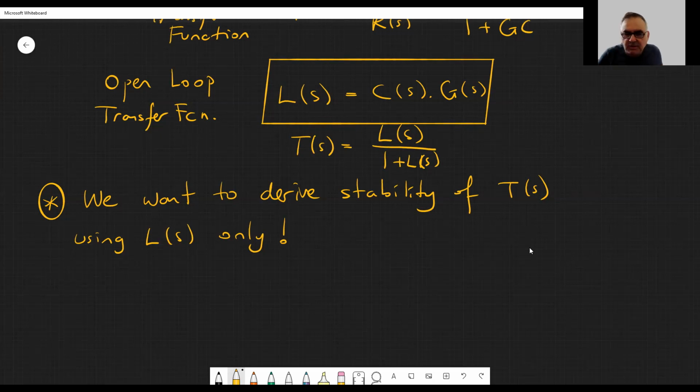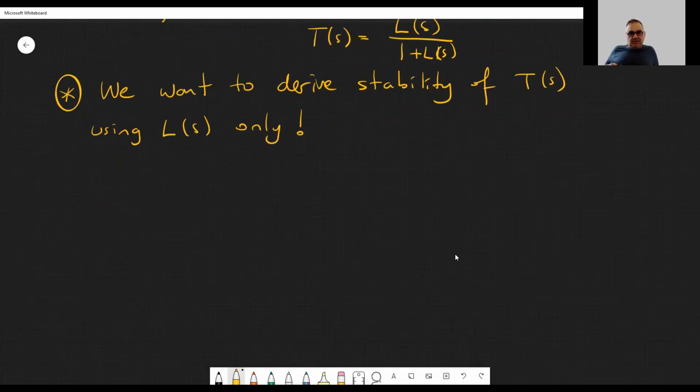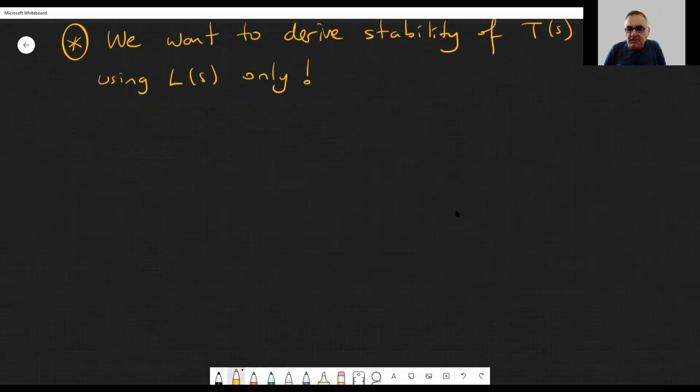So if you have some criterion for looking at L of S and deriving stability of the closed loop system from there, that would be very useful. And that's what we are going to do, by first looking at the following.